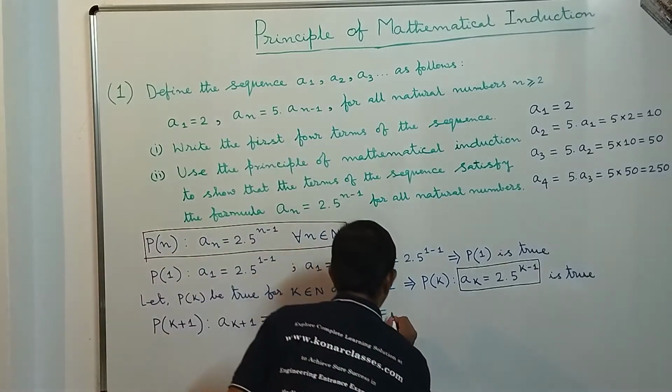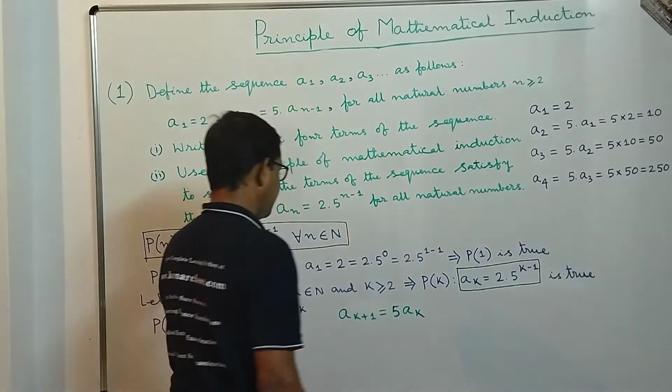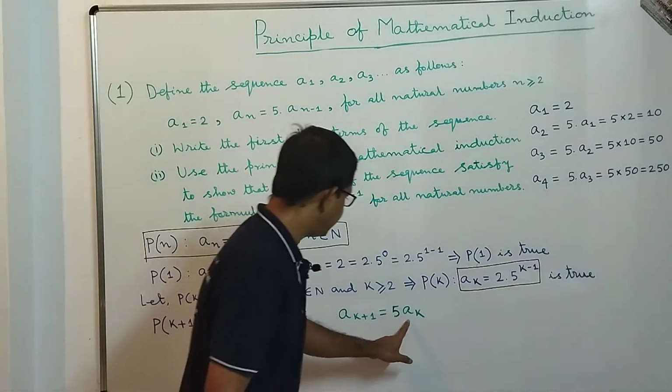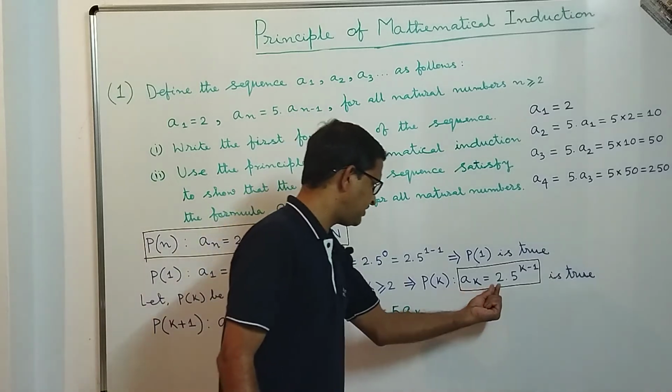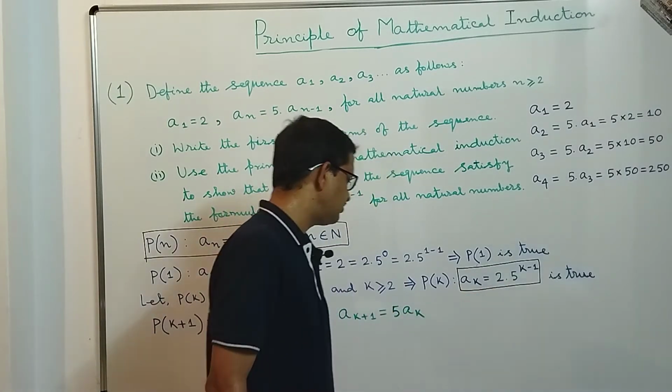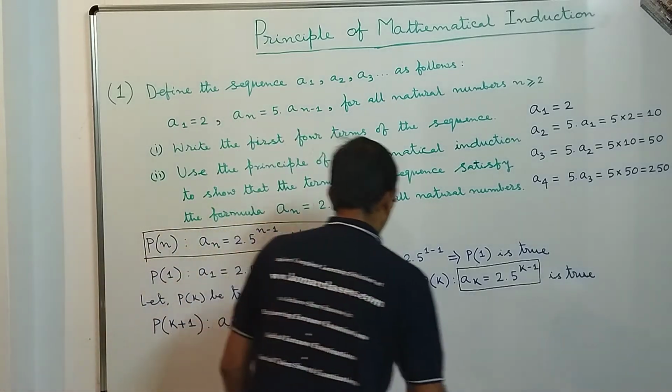So we can write ak+1 is equal to 5 into ak. Now what is the value of ak? ak is nothing but 2 into 5 to the power k-1. As I said a few minutes back, we will assume that ak equals 2 into 5 to the power k-1, for our proof.